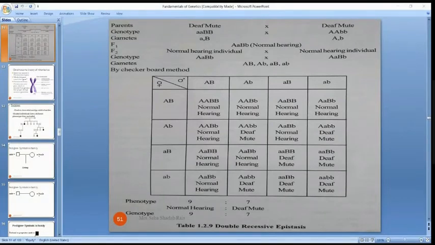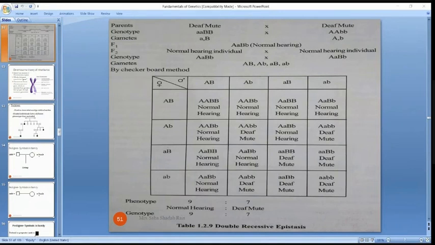Here also you will observe, in this case, capital B is present, but capital A is missing. The person is deaf and mute. Understood? So in the case of the dominant epistasis, we have learned that even if a single dominant gene is present, the dominant trait will be observed, and the ratio was 15:1.